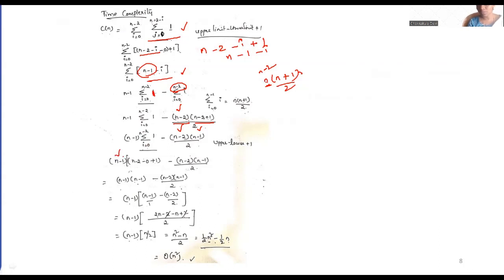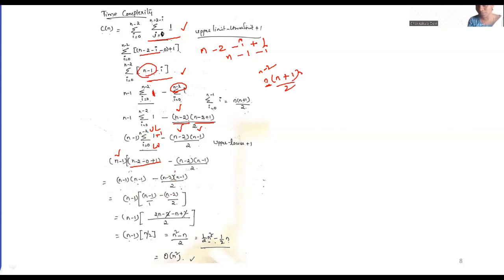For the first part, we again apply upper limit minus lower limit plus 1: n minus 2 minus 0 plus 1, so we get n minus 1 here. So now you have n minus 1 into n minus 1, minus this expression, and you have to simplify.